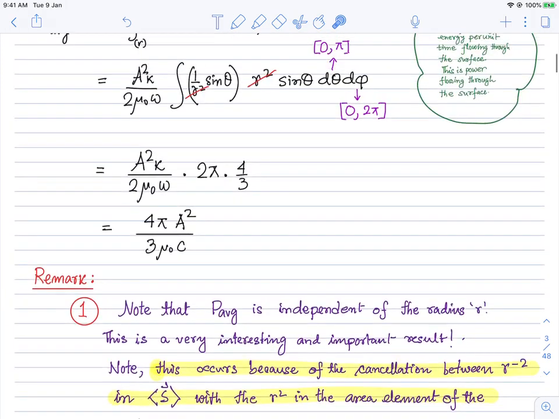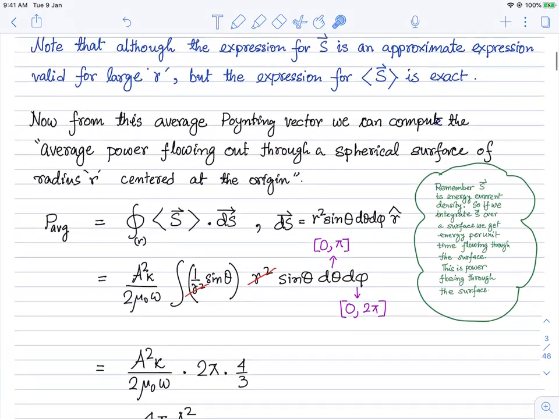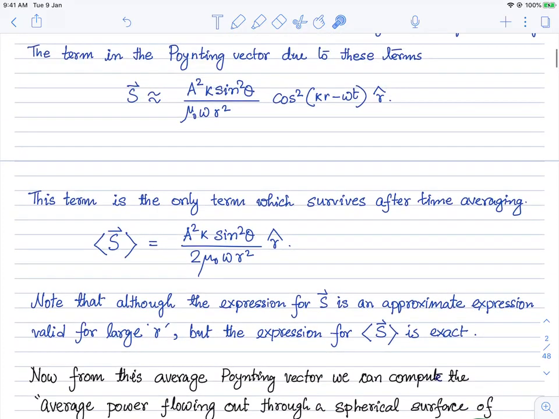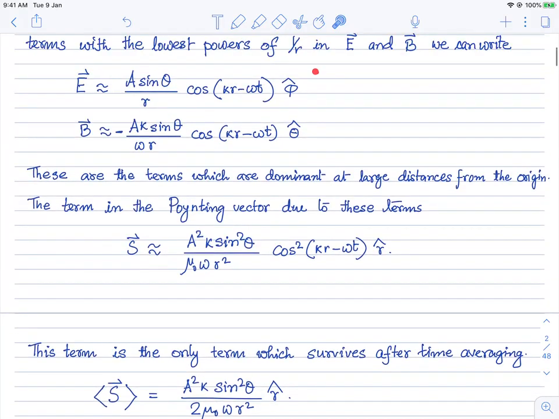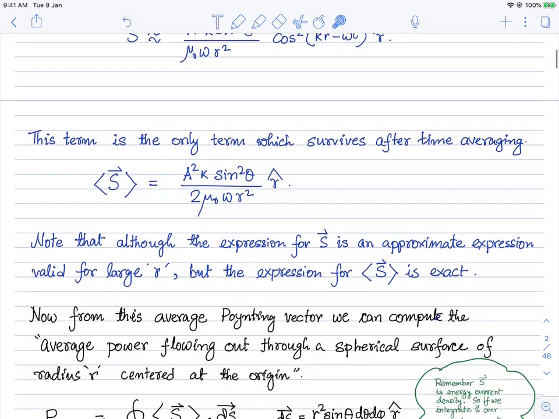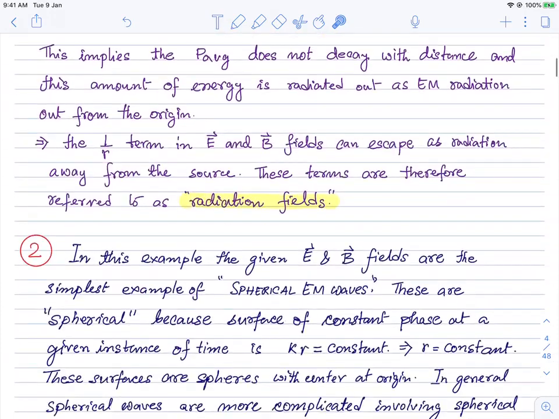Because these are the terms in the electric and magnetic fields, the 1 over r terms are the terms which contribute to this radiation far, far away. Therefore, these kind of terms, which go as 1 over r in the electric and magnetic field, are called the radiation fields.